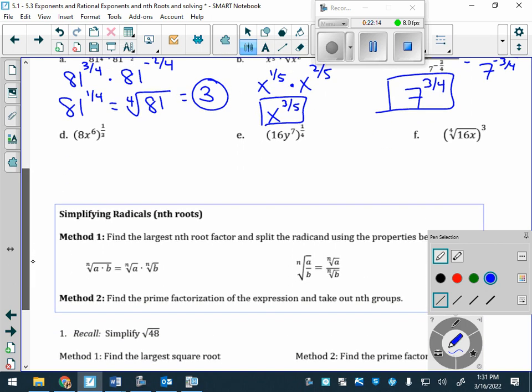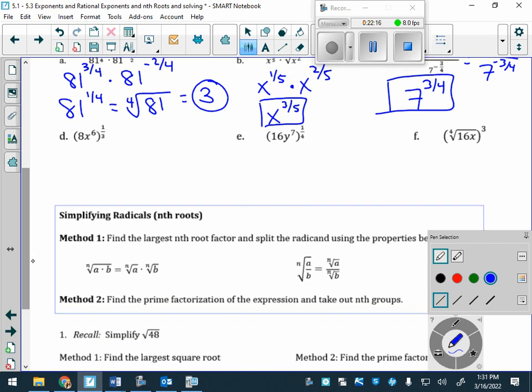Okay. Now, for D, we have 8x to the 6 to the 1/3. How do I rewrite that as a radical? Nolan? Okay.